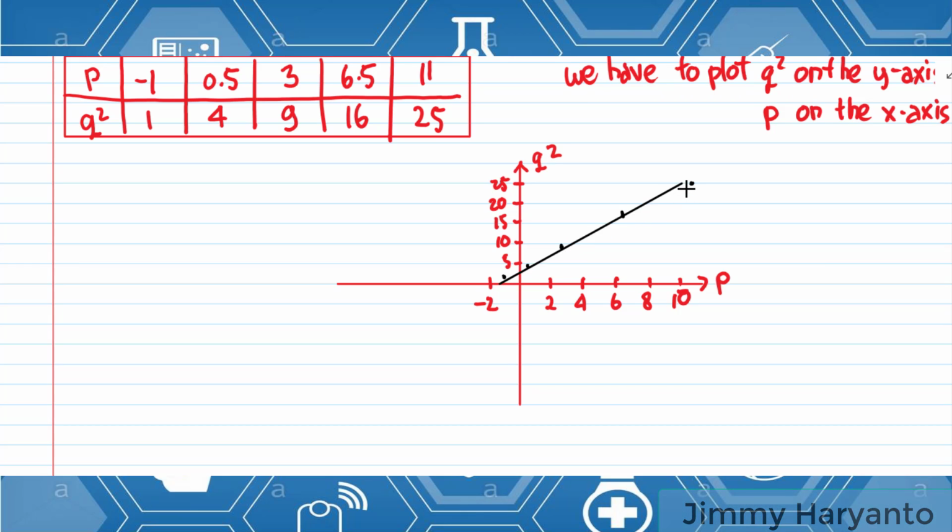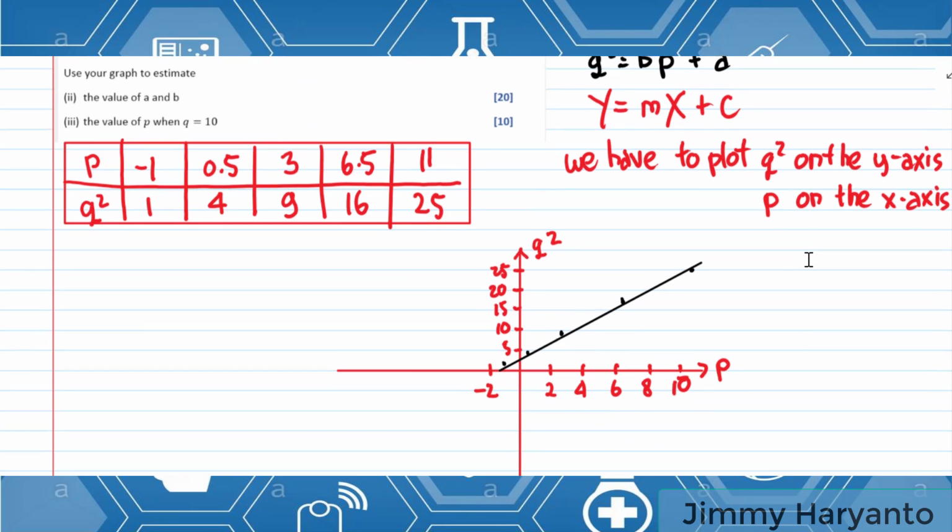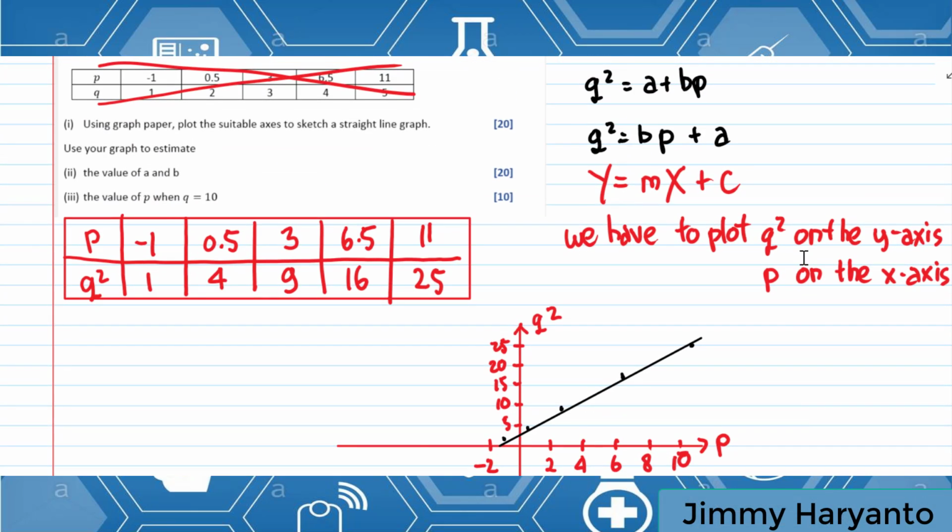This is how to plot the straight line. There you go. Okay, so the straight line is y equals mx plus c. Now we have to find the gradient to find the answer for the second question, find the value of a and b.